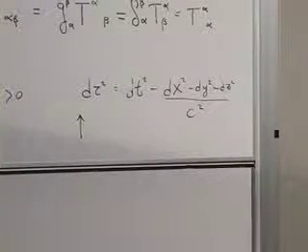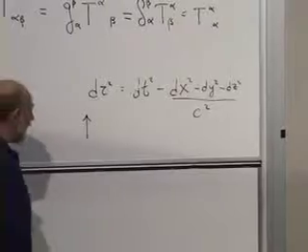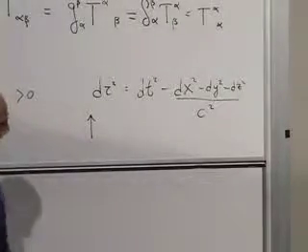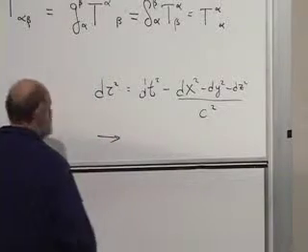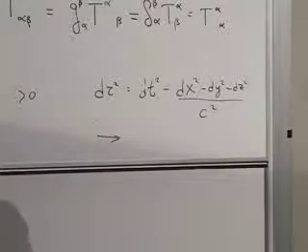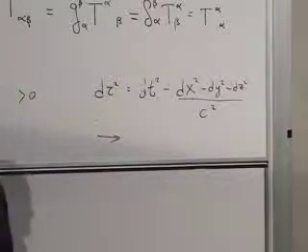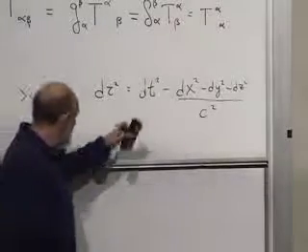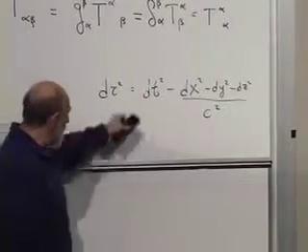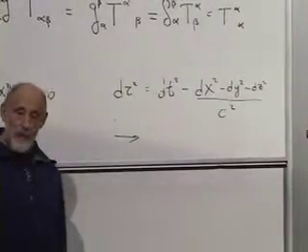There are directions in which d tau squared is negative, a pure space-like vector. So d tau squared, despite the notation as the square of something, is not really positive definite. Space-like vectors have negative d tau squared. Time-like vectors have positive tau squared.